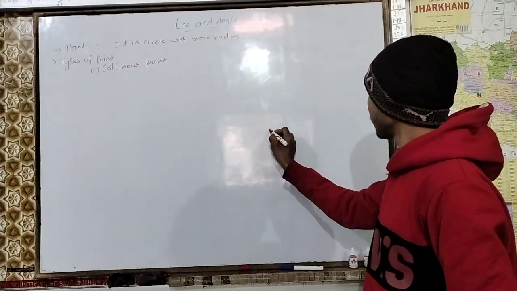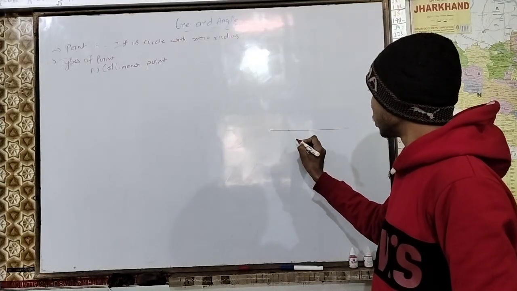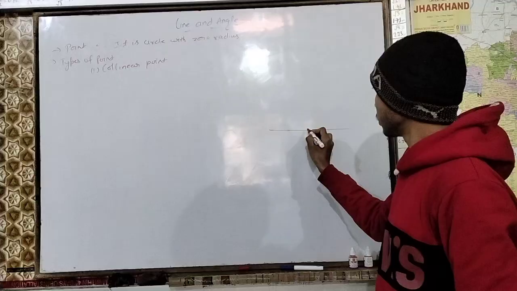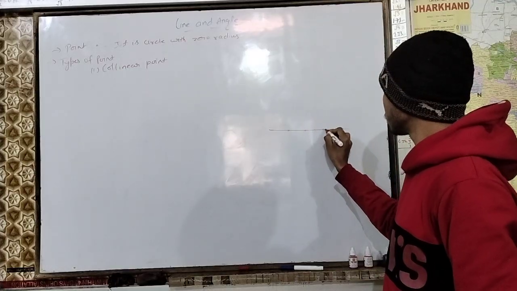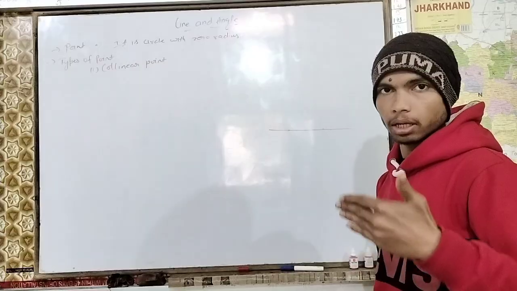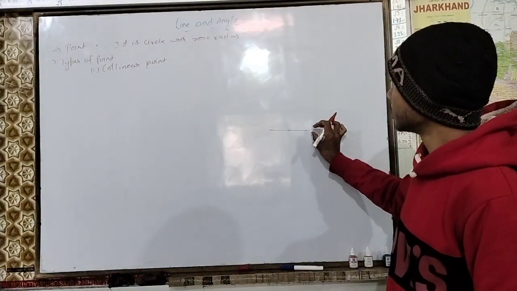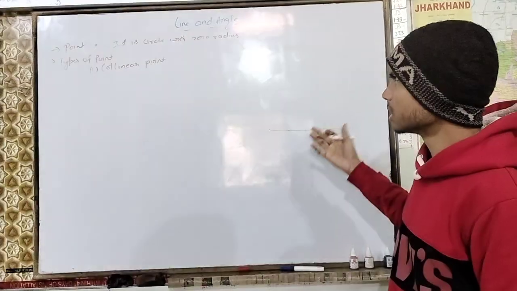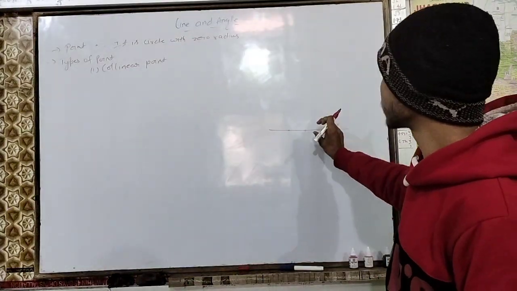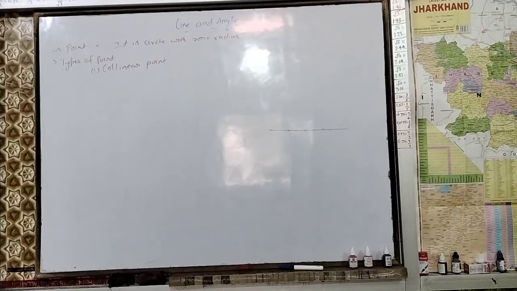For example, if this is a line, then the points will look like this. They are not parallel. They are along a line. This discussion is known as a collinear point.